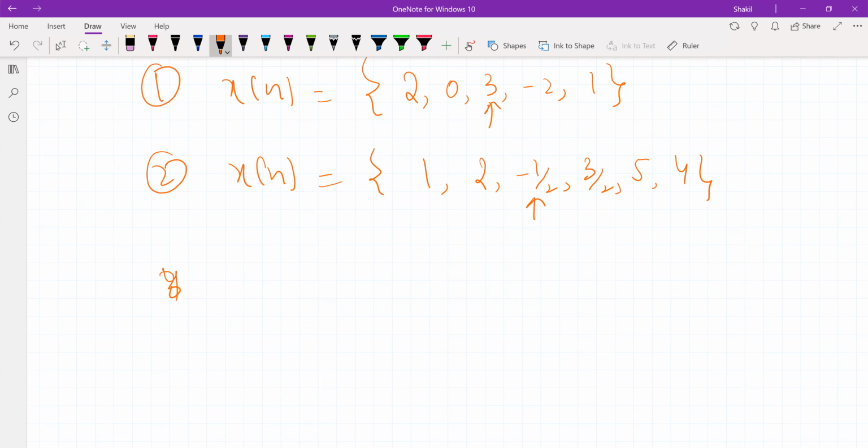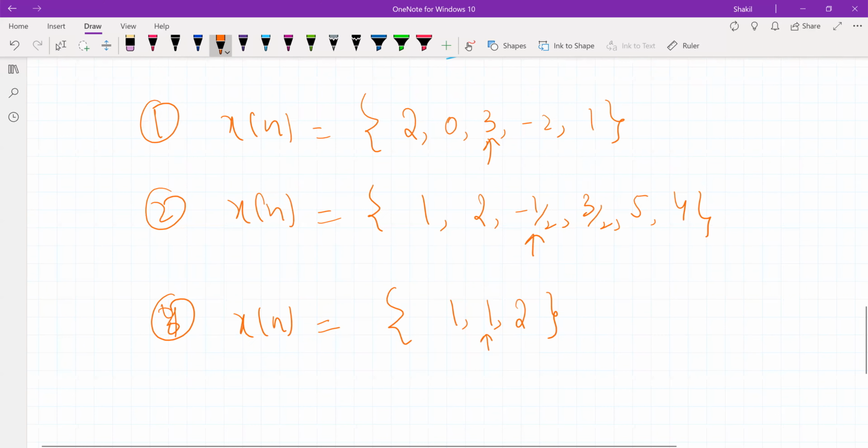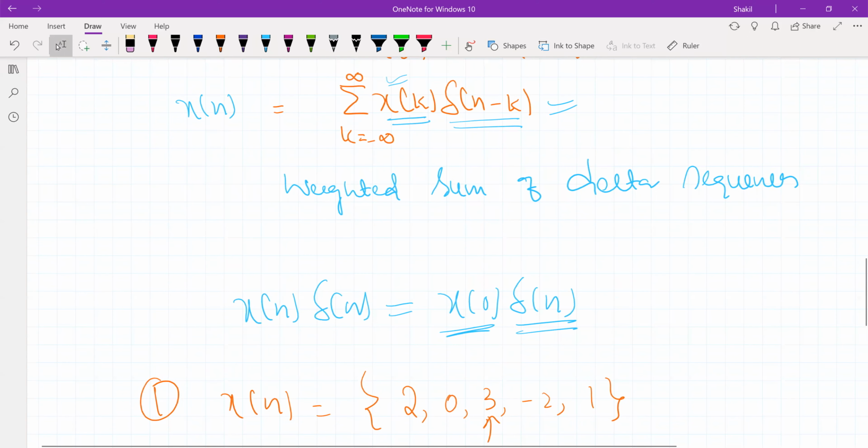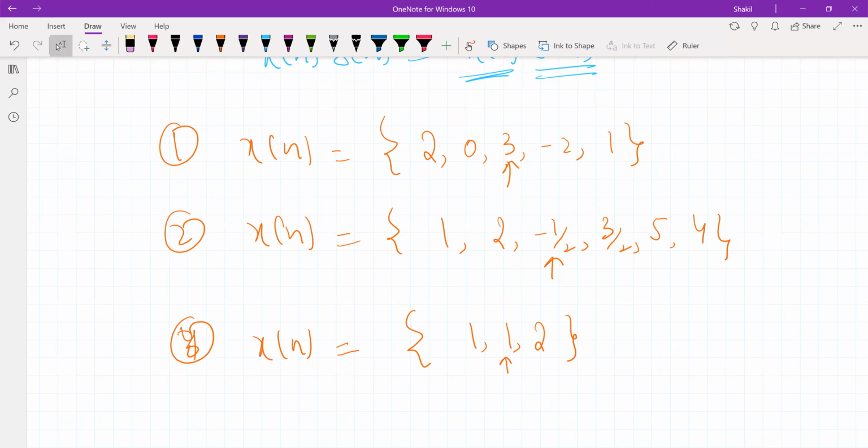And the third example, 1, 1 and 2. Please solve it using this first graphical approach. Then you can do it directly. Once you are familiarized with this, you can write the delta function directly.